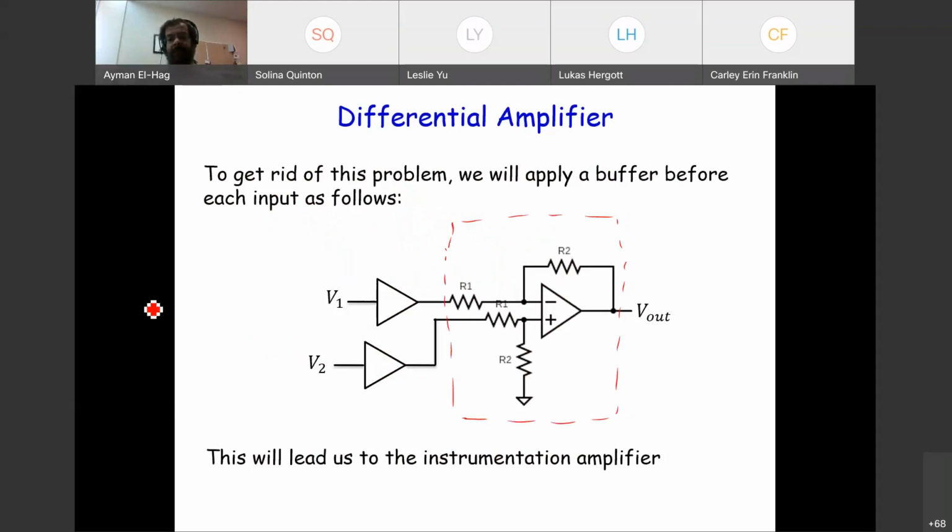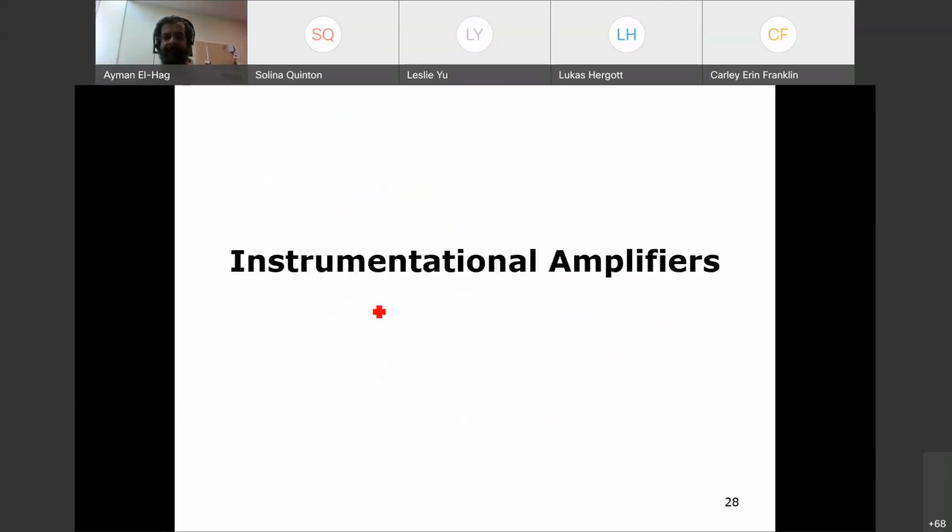What I need to do, instead of having V1 and V2, which are my differential inputs, connected directly, is connect them through a buffer. The buffer is a circuit that will allow the same voltage to go through, so it will not affect the voltage, but it has a very, very high input impedance. And this is the instrumentation amplifier.